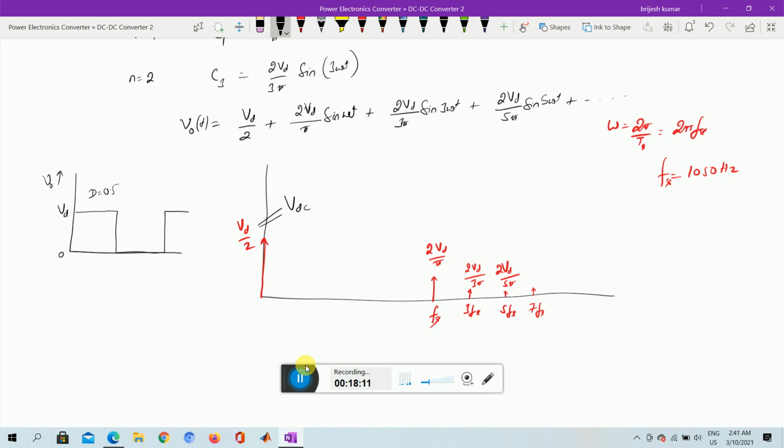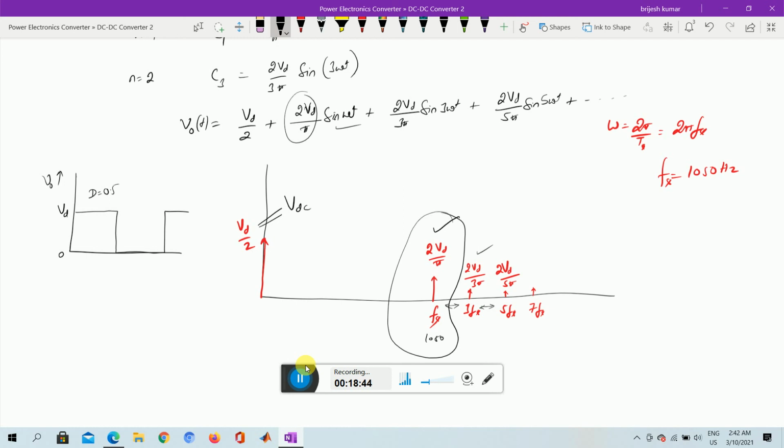But apart from DC, we are also getting the first sine term, that is Fs, with a peak magnitude of 2 Vd by pi, and 3 Fs. If my value is 1050, then 3 times of this is a distance apart, and 5 times again a distance apart, like that. The first one, which is more important, is 1050.